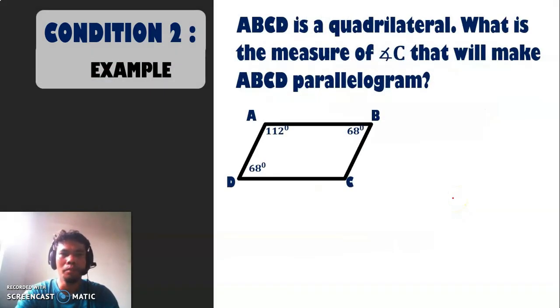Example, we have ABCD, a quadrilateral. What is the measure of angle C that will make ABCD a parallelogram?